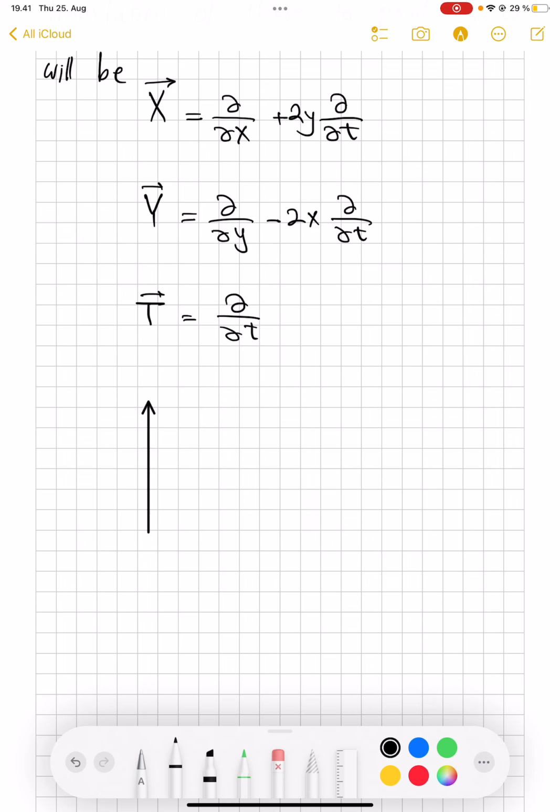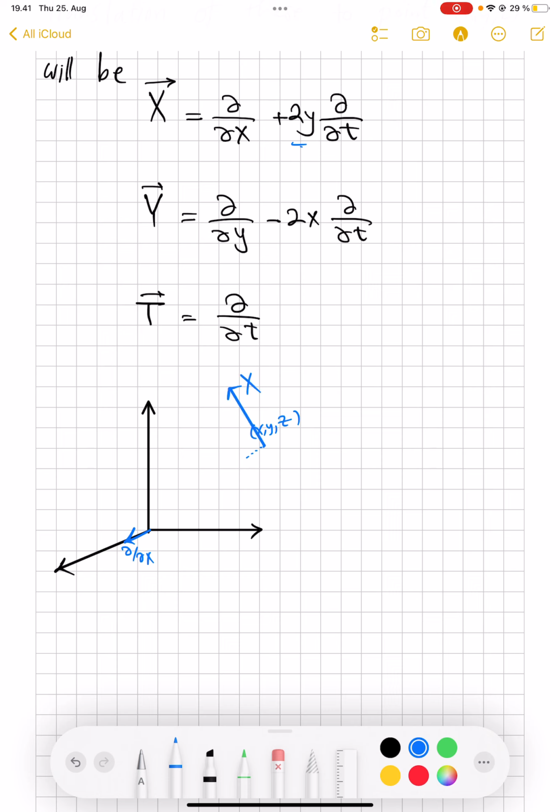So this will be, say, my R3, if I can attach this point there. So let's draw, say this is partial x, and the left translation of this to some base point x, y, z will be again 1 unit in the x direction, but then 2y units in the partial t direction, and if y is quite big, this becomes a large vector.